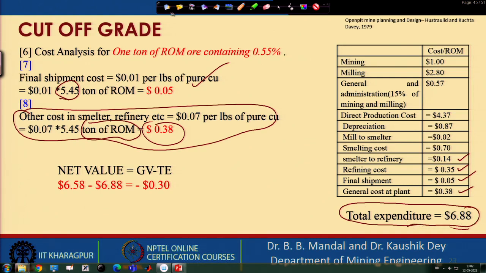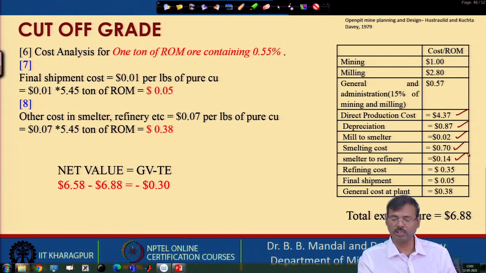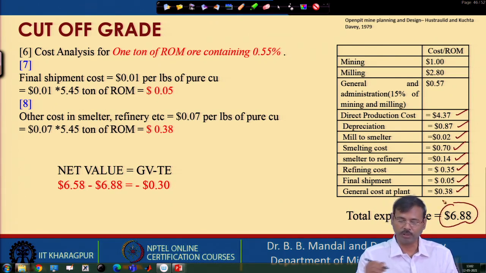So, altogether the total cost is coming around $6.88, which is nothing but the adding of direct production cost, depreciation, mill to smelter transportation cost, smelting cost at smelter, smelter to refinery transportation cost, refining cost at the refinery, final shipment cost, that is the refinery to the consumer, and general cost at plant and refinery smelter. These are considered, and considering this the total expenditure has come out.